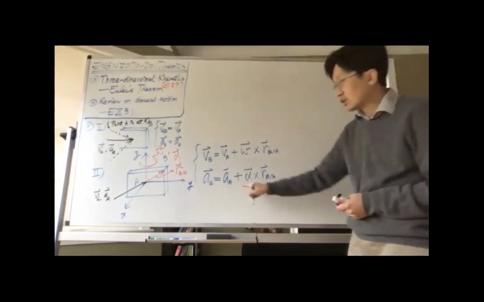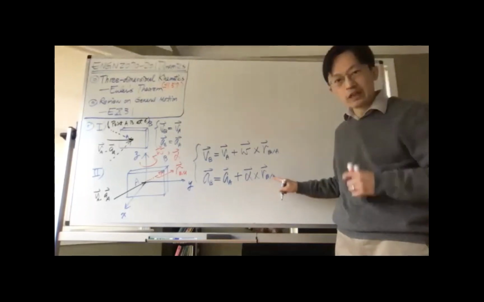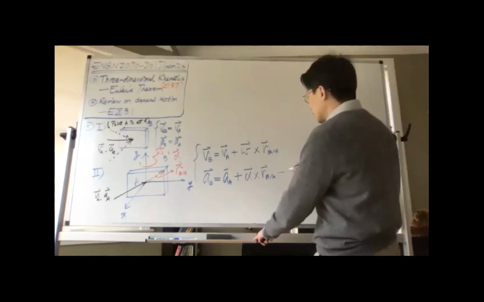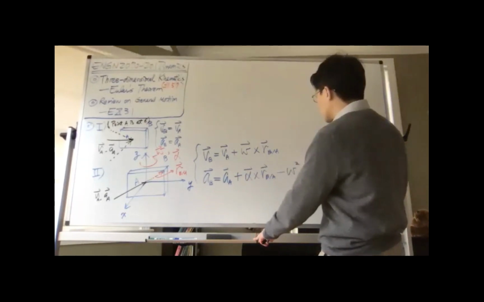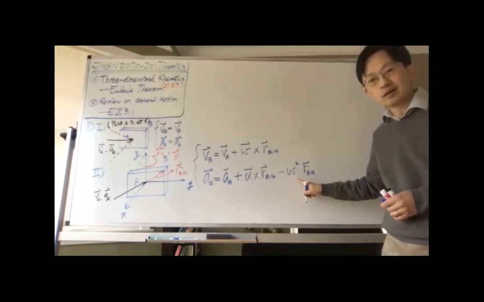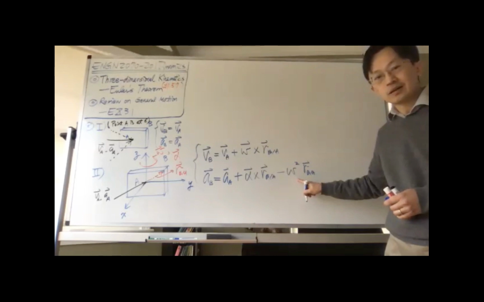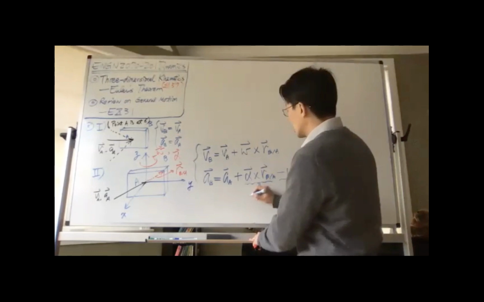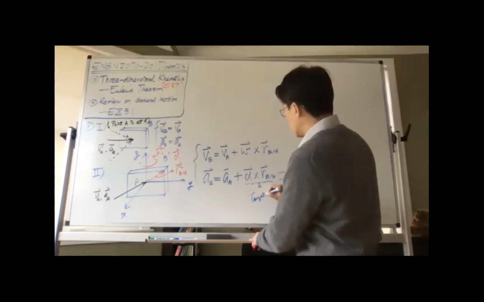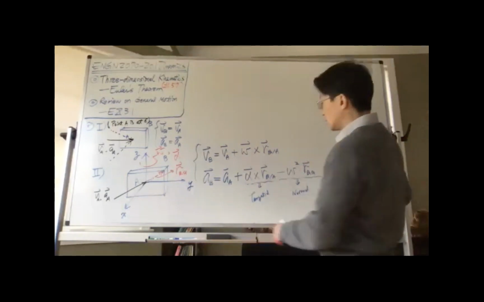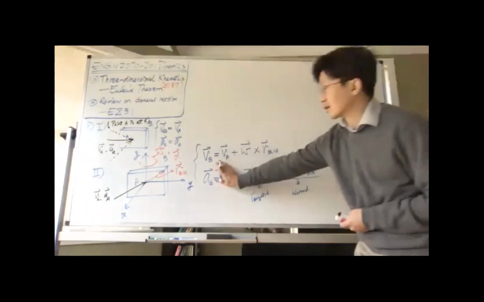This is what we call the tangential component of linear acceleration in relative motion. Minus omega squared times RBA. This is the normal component. Okay, so if you want to know why these are like this is the tangential, this is the normal, by ignoring AA.